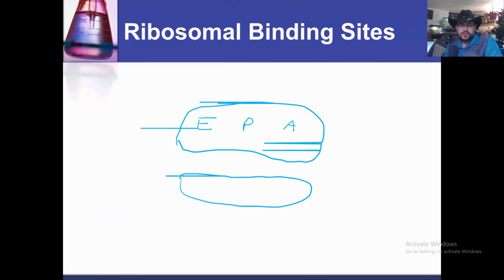These are 3 sites. Each site corresponds to a codon. So when the ribosome assembles, it assembles around the AUG at the P site. And then we have the next codon and the next codon.